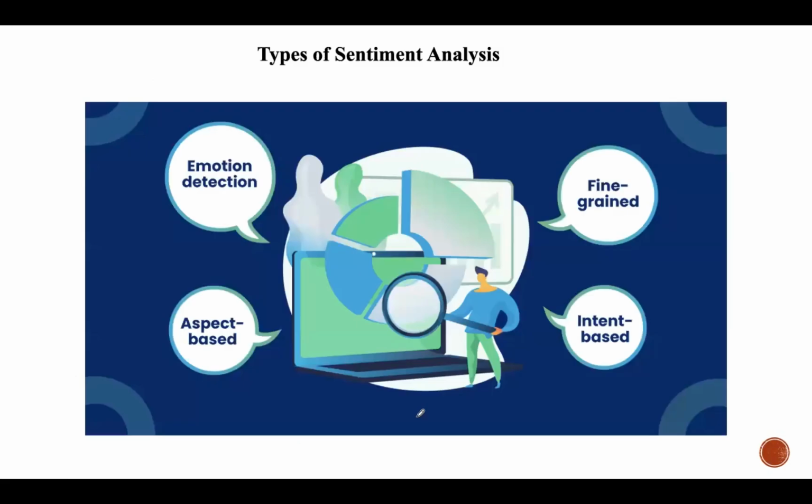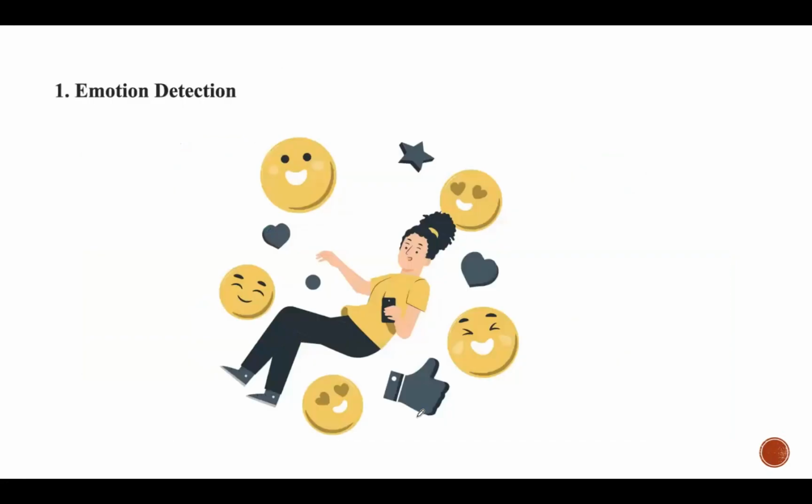So here we have different types of sentiment analysis, that is emotion detection, fine-grained sentiment analysis, aspect-based sentiment analysis, and intent-based sentiment analysis. In the first case, emotion detection, rather than detecting positive and negative emotions, it mainly detects specific emotions.